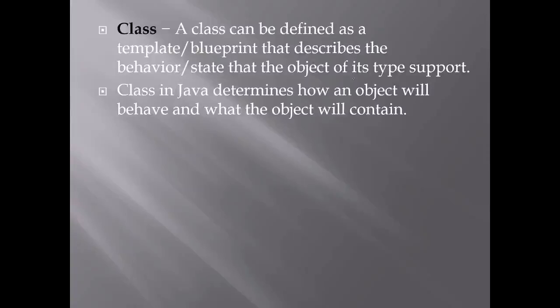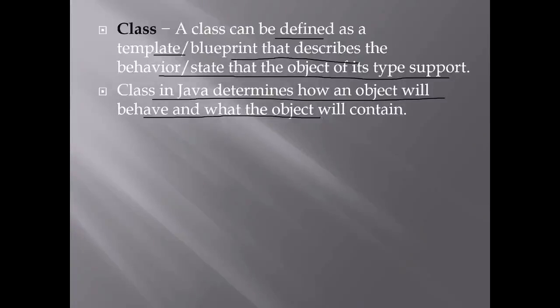What is a class? Let us understand. A class can be defined as a template or blueprint that describes the behavior or state that objects of its type support. A class in Java or C++ determines how an object will behave and what the object will contain.